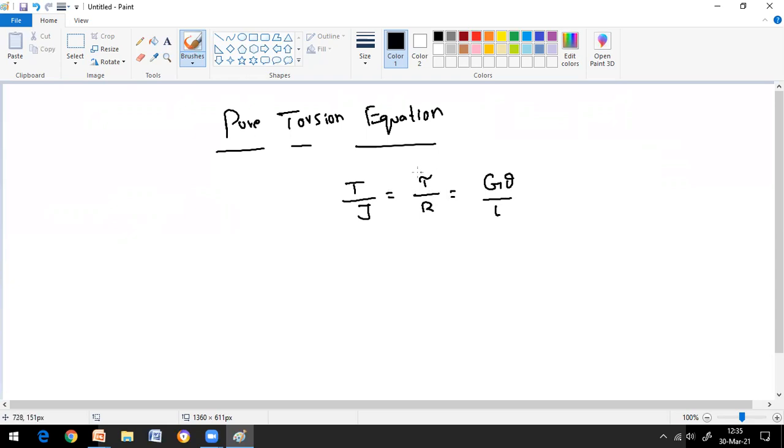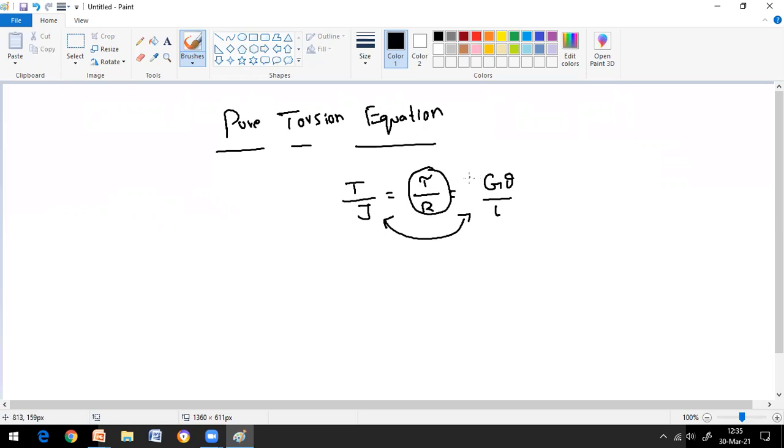From this, tau is the shear stress, R is the radius of the shaft. We don't want this. We will try to relate these two, to calculate the angle of rotation of the spring.